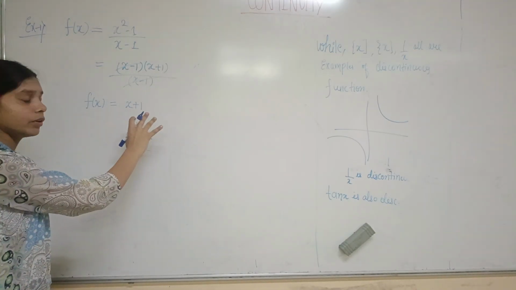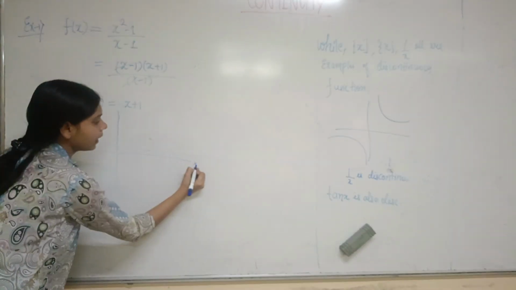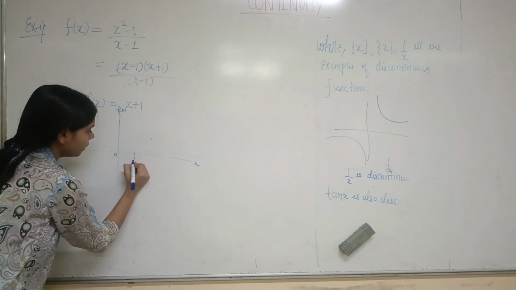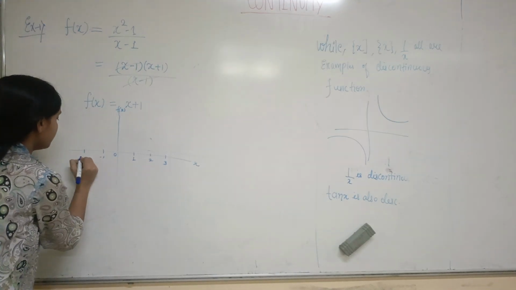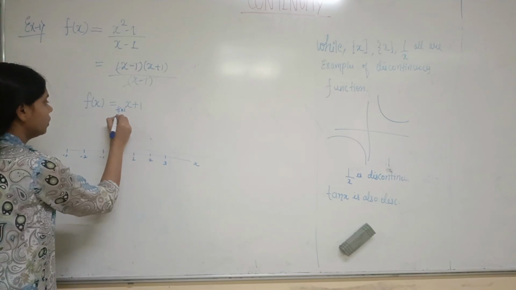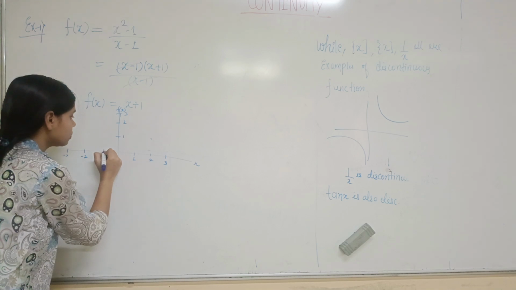If we draw the graph of the given function, it is very easy to draw. Take x and f(x): 0, 1, 2, 3, minus 1, minus 2 and minus 3. If we draw the graph, then it looks like that.